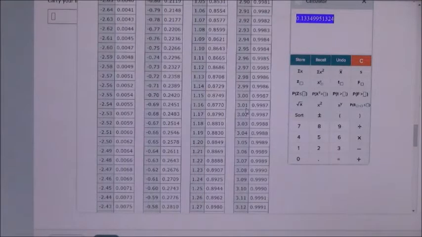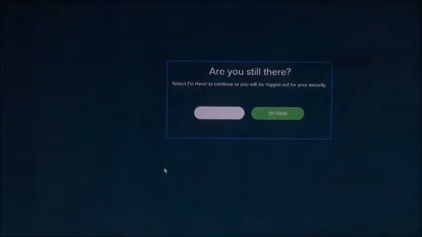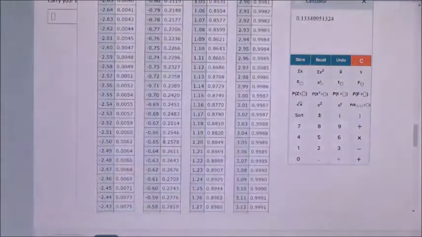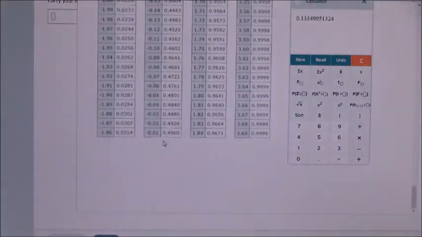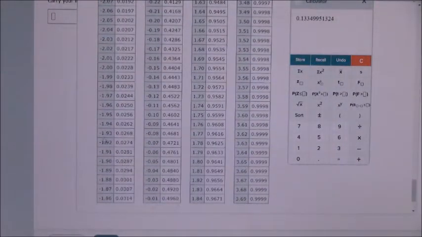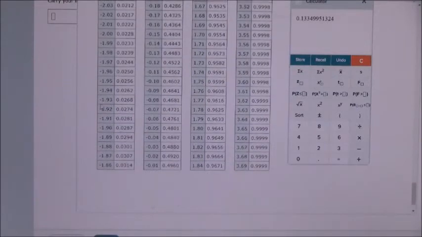Now, if you want to find the area to the left, which is the next one, of negative 1.93, then we can just look at our table. And so if I look for negative 1.93, if I go right here, is my negative 1.93. You can see that you get 0.0268. On your Aleks graphing calculator, same thing.